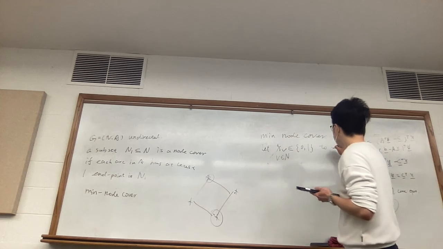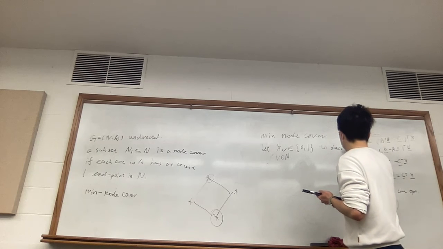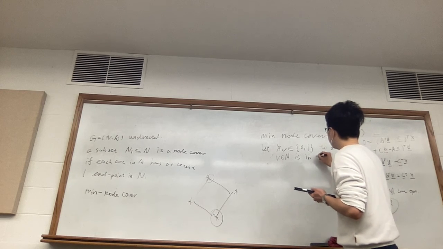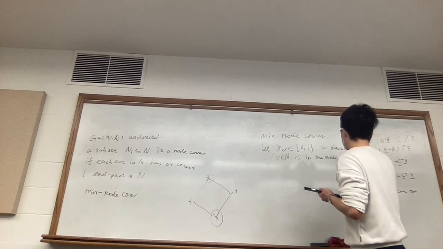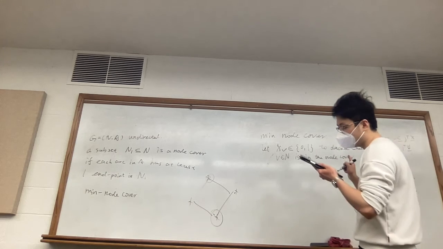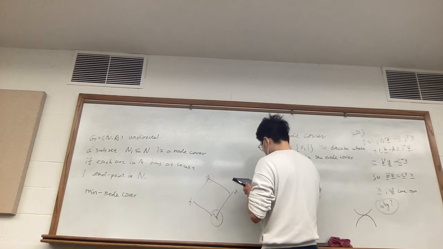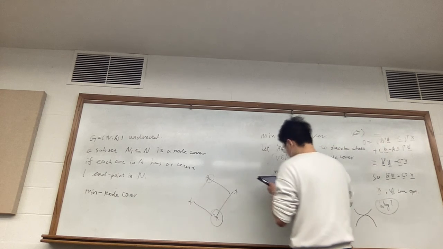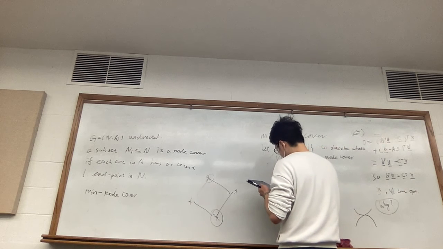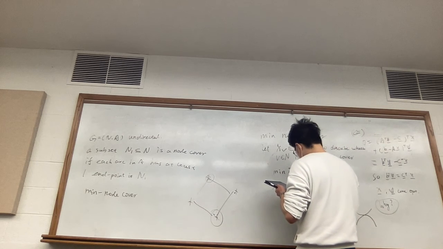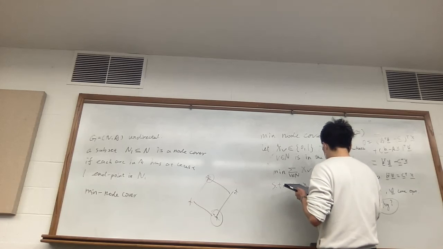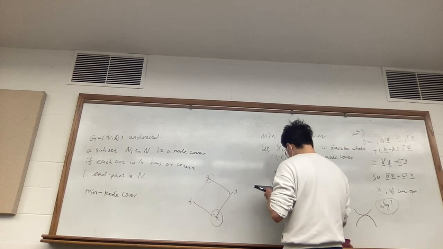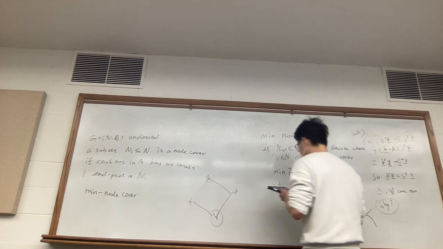So xv describes whether v is in the node cover or not. This is a binary variable. Then the model becomes: we want to minimize the sum of xv over the node set, such that xu plus xv is greater than or equal to 1 for any uv in A, and also xv is in 0, 1.